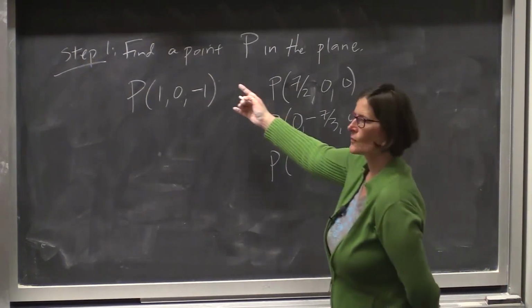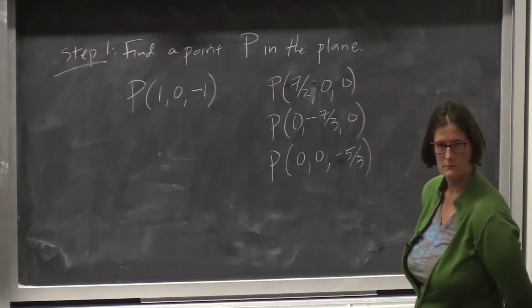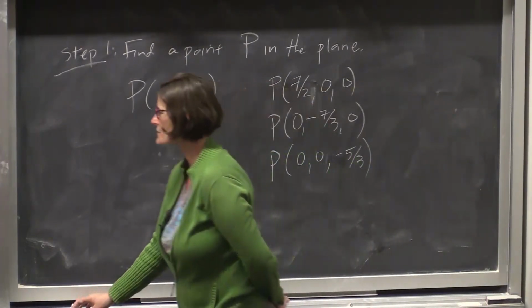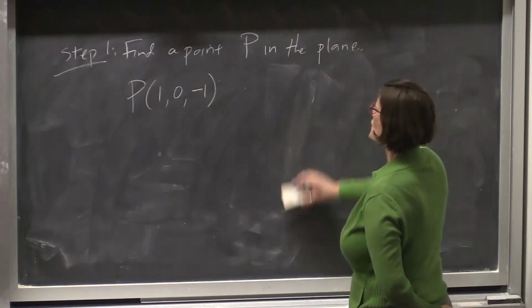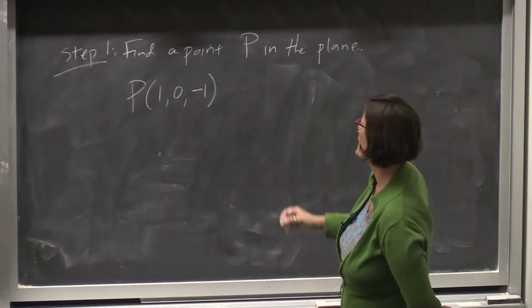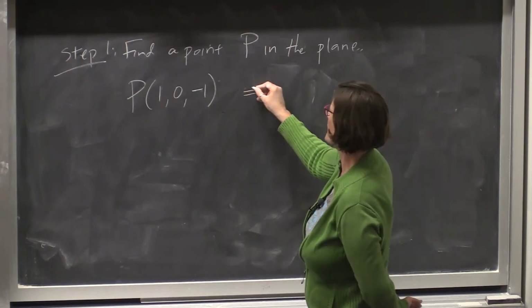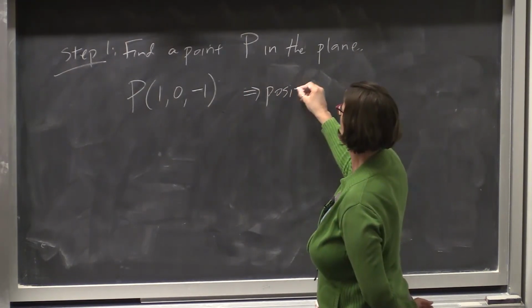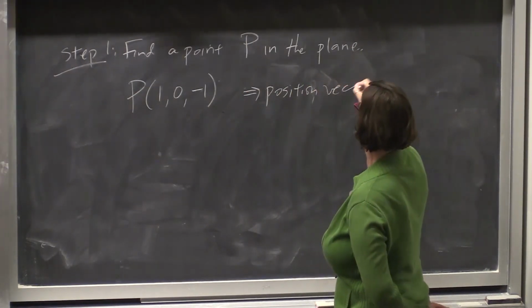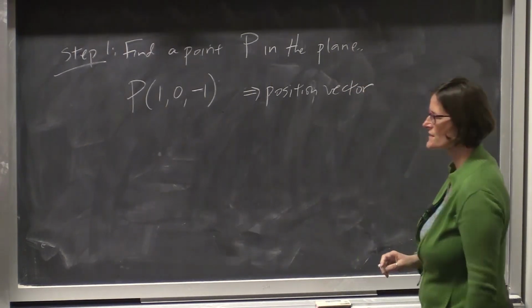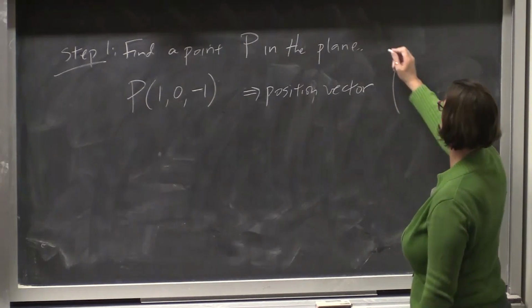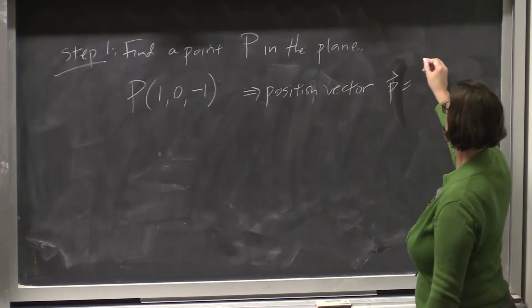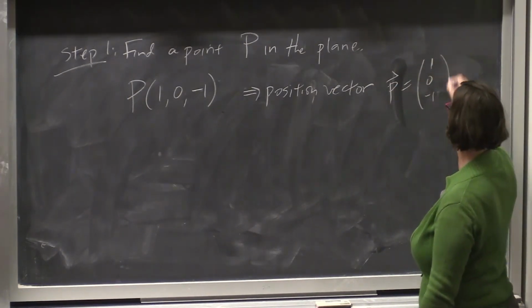This is a very elegant one, so let's go with elegance. So we have a point in the plane. So now this has position vector. The position vector is the vector that goes from the origin to the point. So the position vector P is 1, 0, -1.